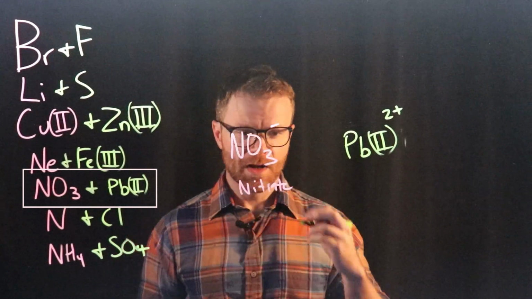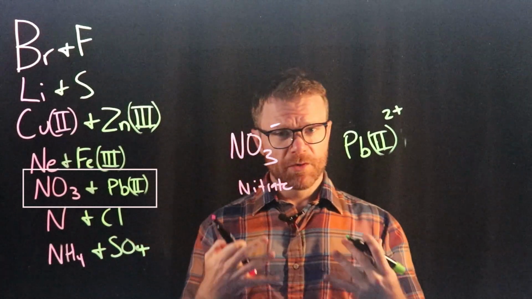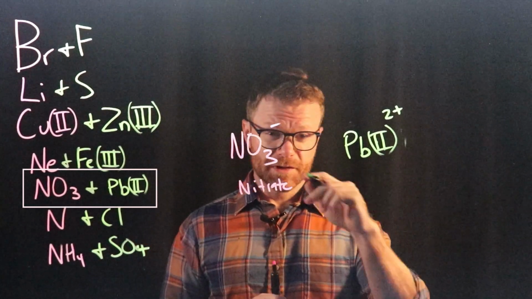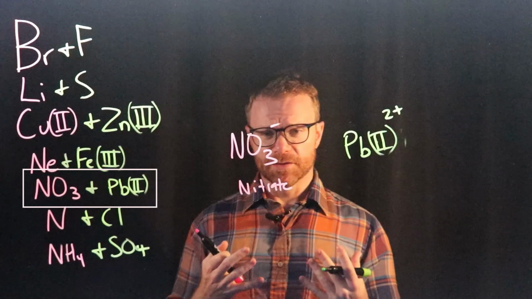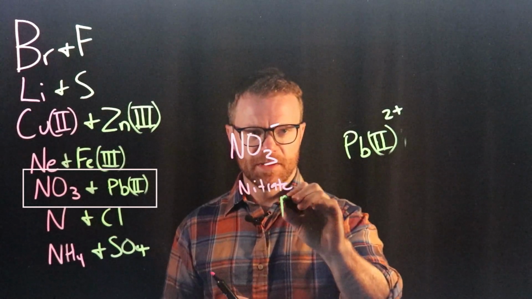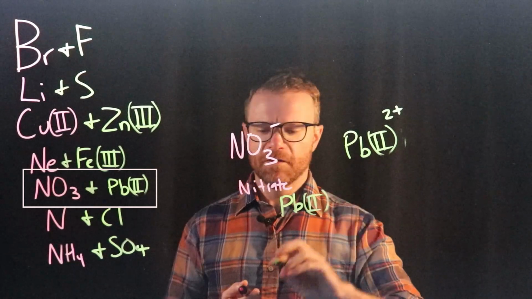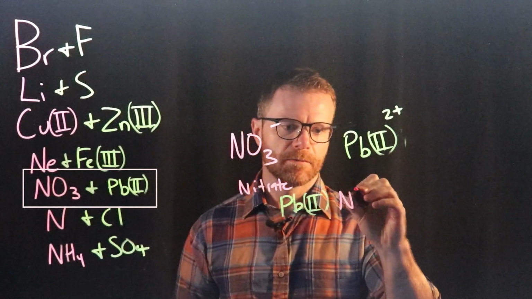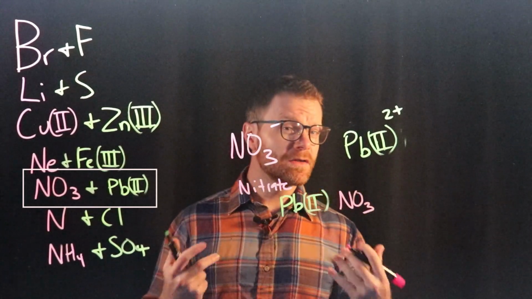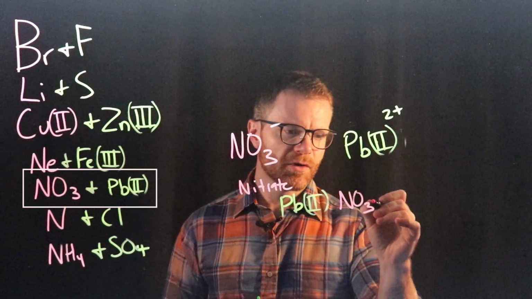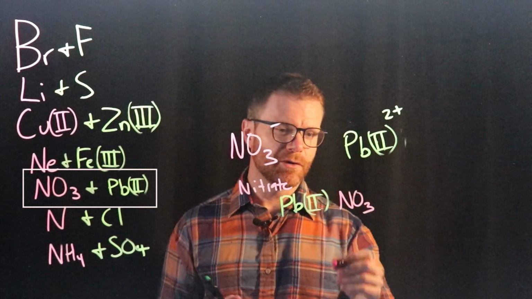And when we write the chemical formula, the lead's going to go first because it's the cation. The cation always goes first with our ionic compounds. So we're going to have lead-2 and just one of them, followed by nitrate. And we're going to need 2 of them. So I don't put a little 2 after this 3. That would look like 32.